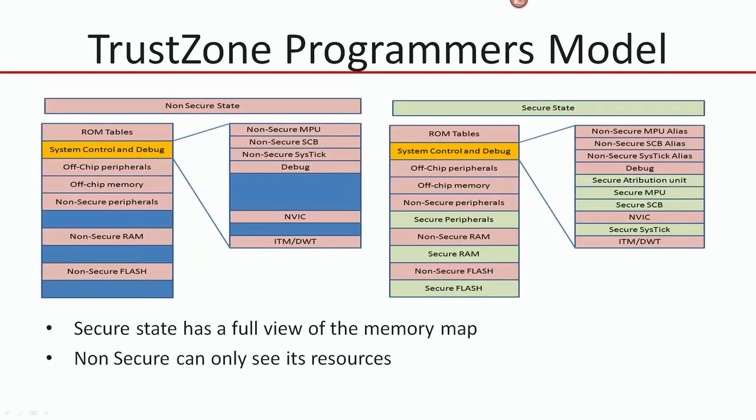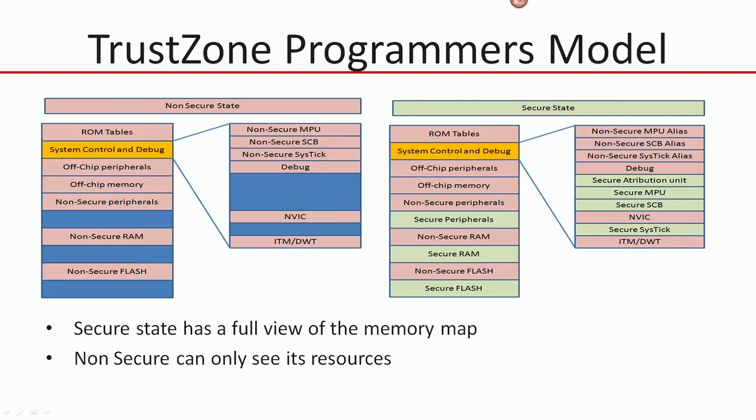So when the chip starts up, it will be running in secure state. So here we'll have a full view of the chip. We can see all the regions of RAM, all of the peripherals, and all of the processor peripherals. However, once we've booted, we'll use the security arbitration unit to define which regions of the memory are secure and non-secure.